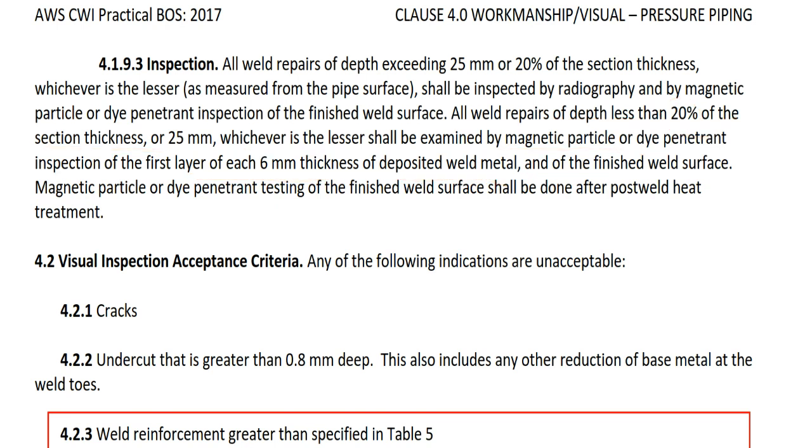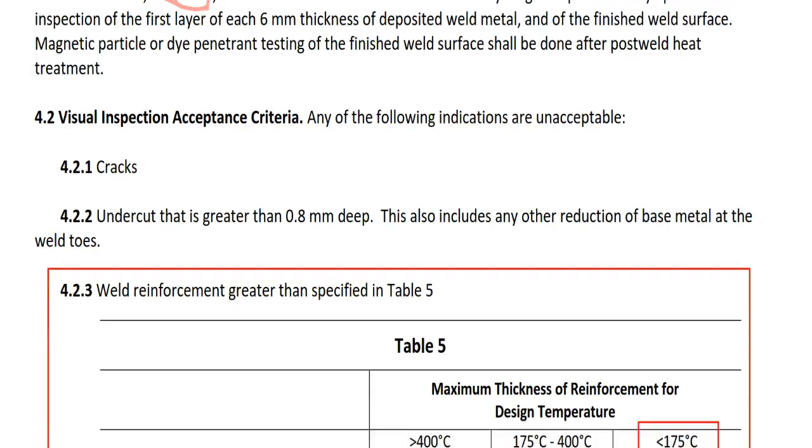So if the depth of the repair weld is less than 20% of the thickness or 25 millimeters, choosing the smaller one, then you do magnetic particle inspection or dye penetrant inspection. Again, 4.1.9.3 is important because these are in the actual question.